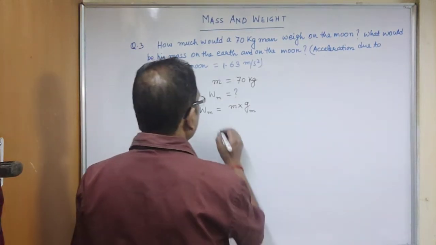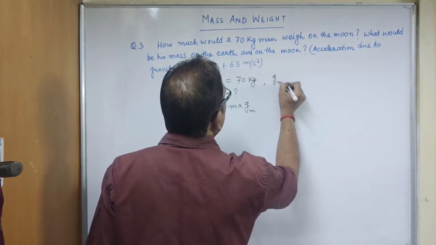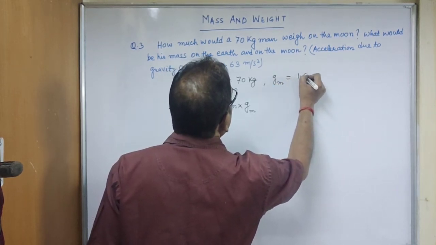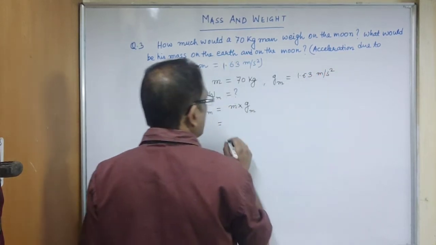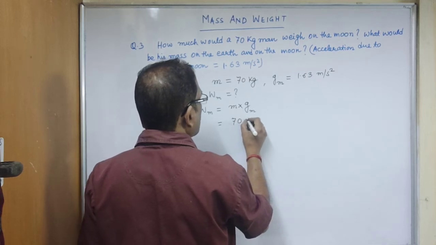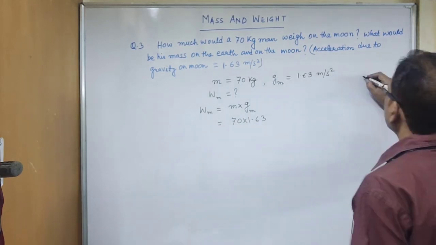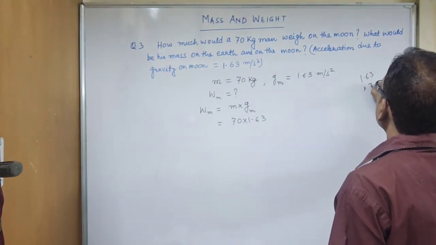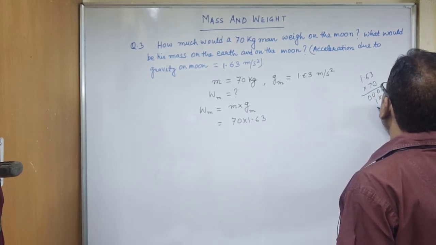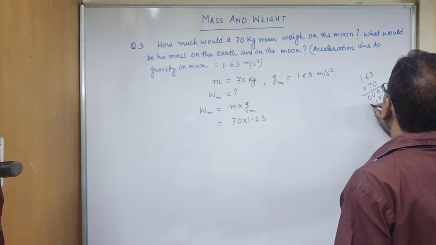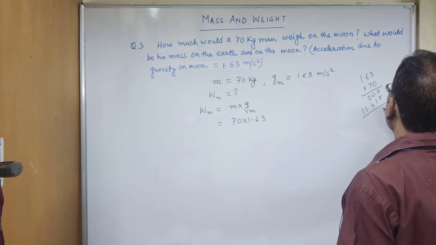So substitute the values. gm is given in the question, 1.63 meter per second square. So multiply 70 into 1.63.